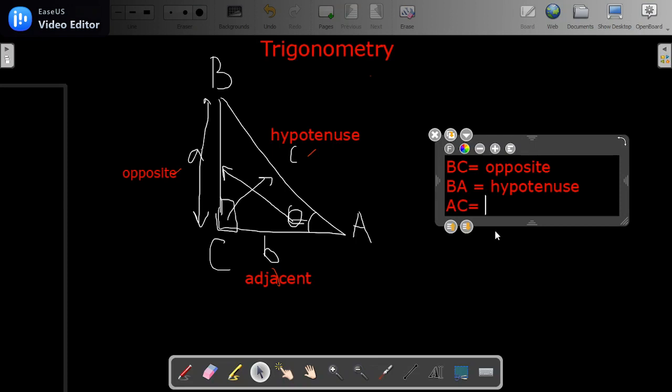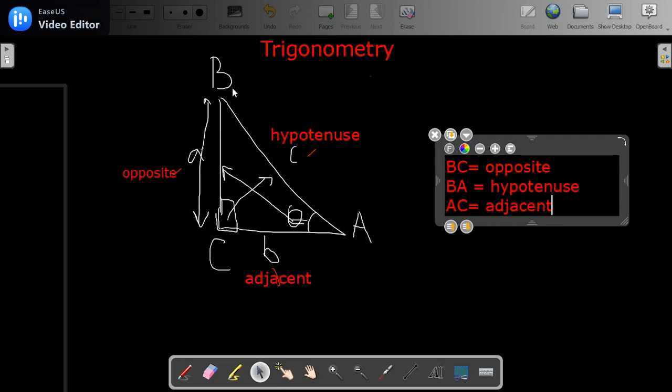AC is the adjacent. So BC is the opposite, BA is the hypotenuse, while AC is the adjacent. It doesn't necessarily mean the diagram should be labeled like this.